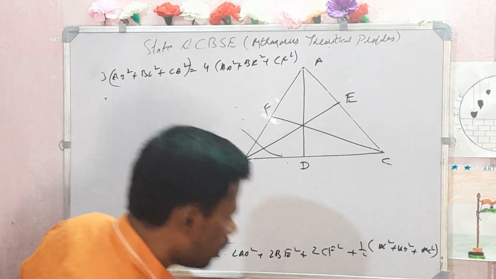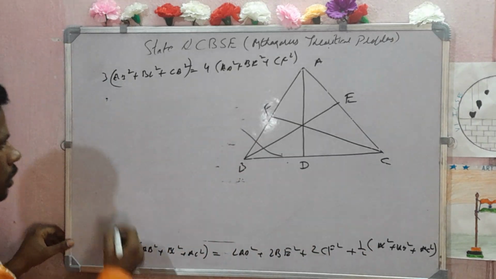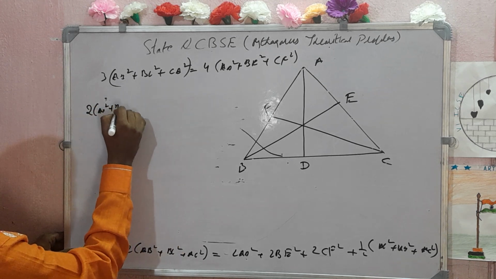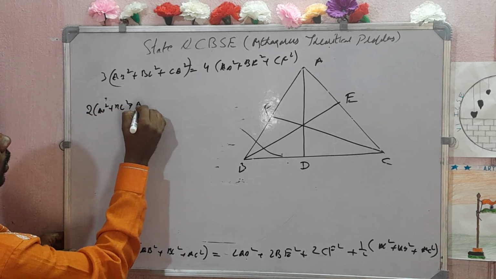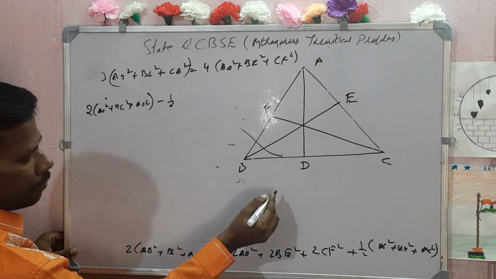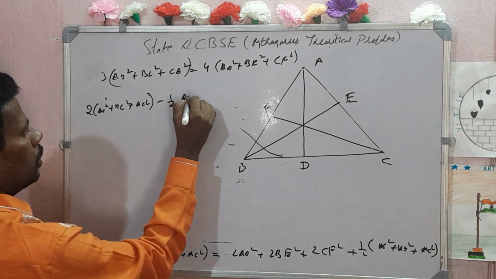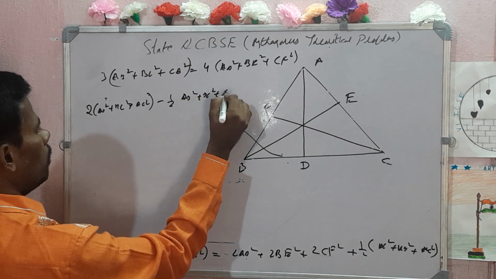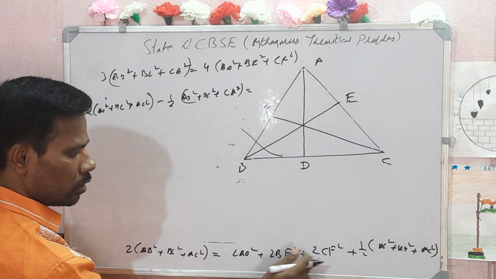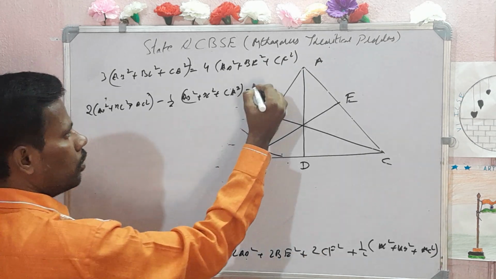What I am saying is, bring this half to here. 2 times AB square plus BC square plus AC square minus half of the same thing, AB square plus BC square plus CA square is equal to, write this again, take 2 common in this.